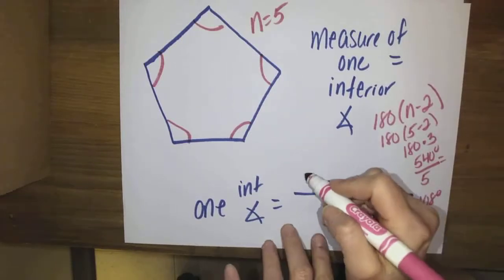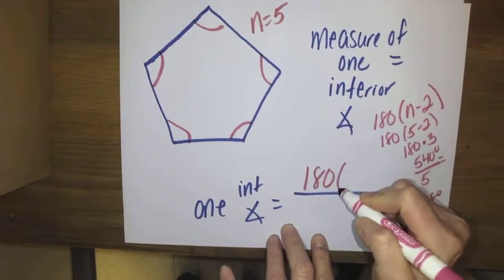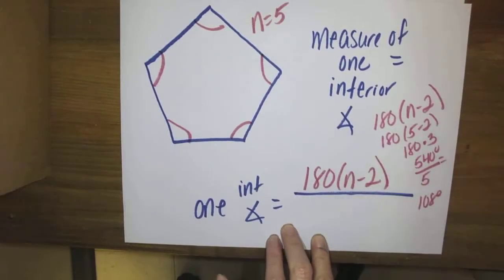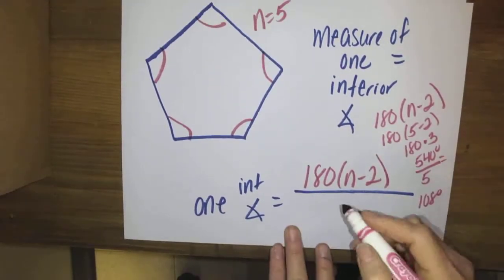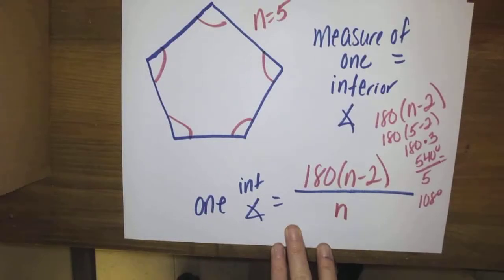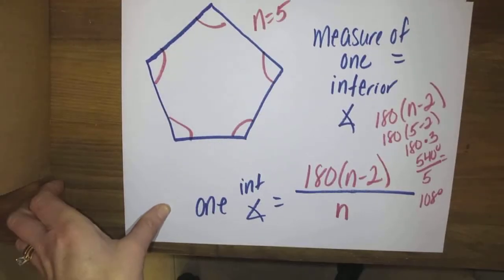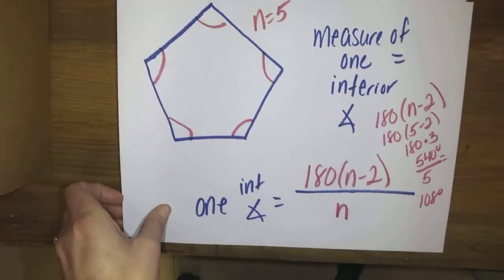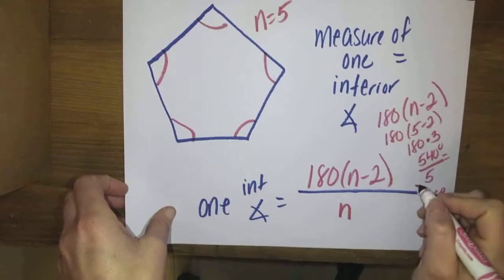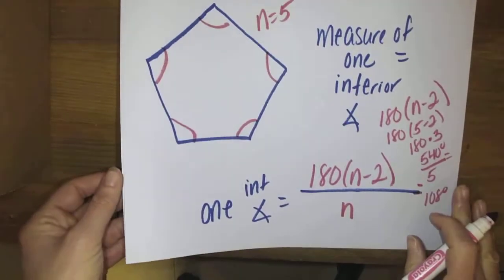A formula that you could use or put together. Here's the formula for the sum, and if I just simply divide that by the number of angles there are, because if something has 5 sides, it would have 5 angles if it's convex, we can use that formula and get the answer 108 just as easily.